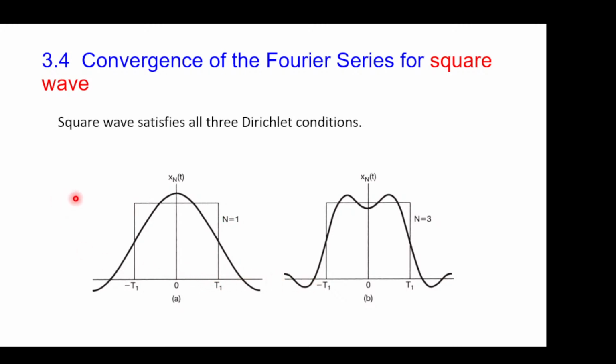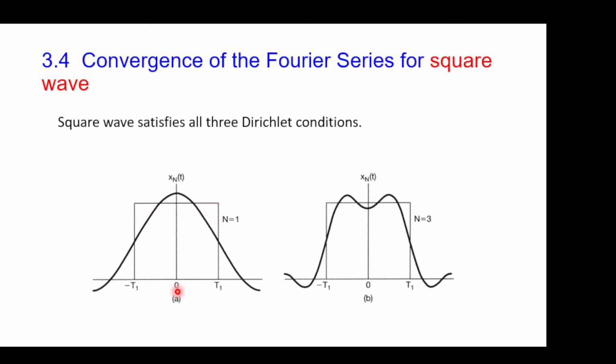If we integrate the absolute value through one interval, it's absolutely integrable because the height is less than 1. The integration is 2t1 times 1. And for the number of maxima and minima, it's a little weird because we have a straight line, but a straight line counts as one maximum.